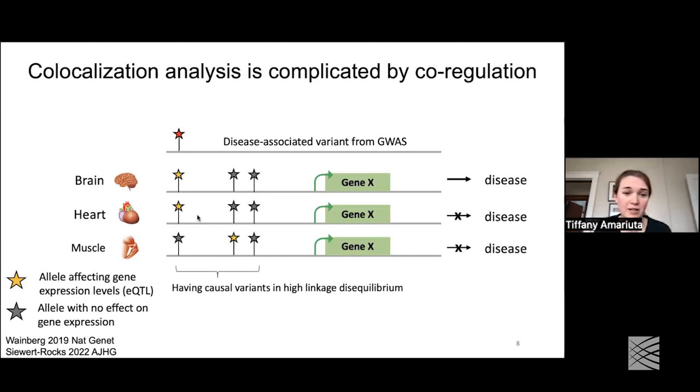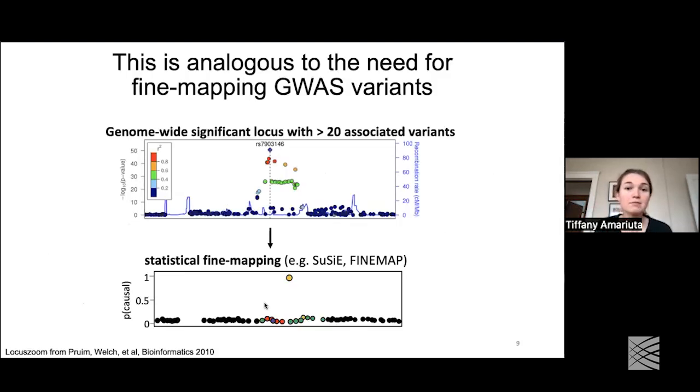And so these two examples of co-regulation that I've demonstrated are that, one, the exact same variant can be an eQTL with a gene in two tissues, or variants in linkage can be eQTLs for the same gene across tissues. So the problem that I'm formulating here is analogous to the need for statistical fine mapping in GWAS.